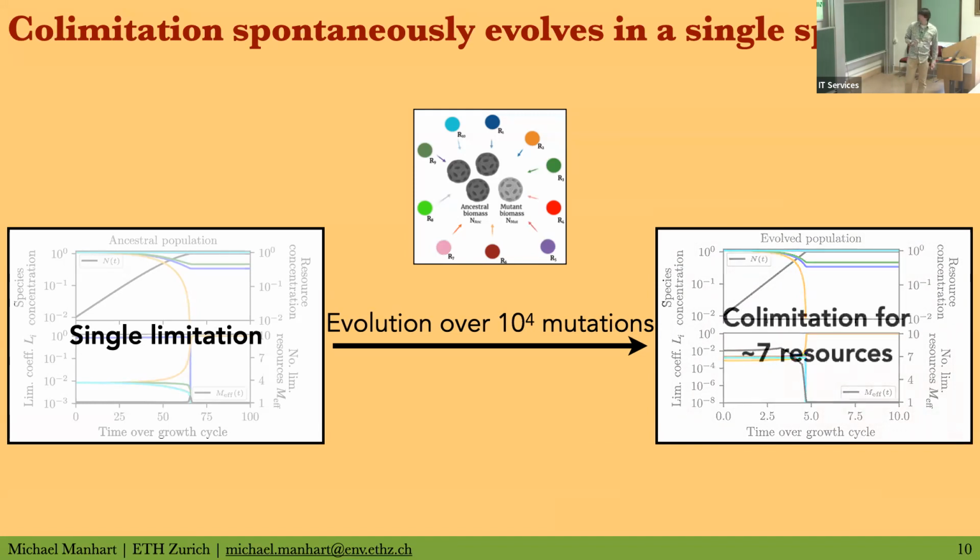So this population has evolved from this state of single limitation to this state of pretty high co-limitation for 7 of these resources. And the reason for this is because selection follows sort of this weakest link principle. It's always selecting on traits for the resource that are most limiting. And so it's kind of always driving the population towards this state of roughly equal limitation between the resources. And so that's how you get co-limitation.